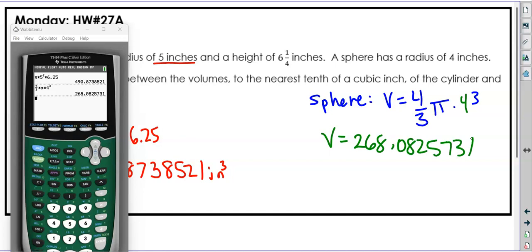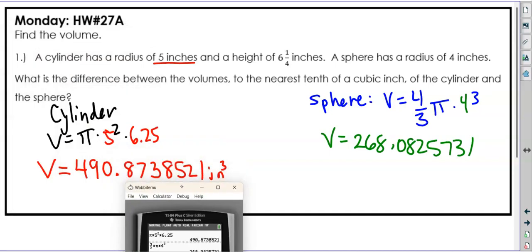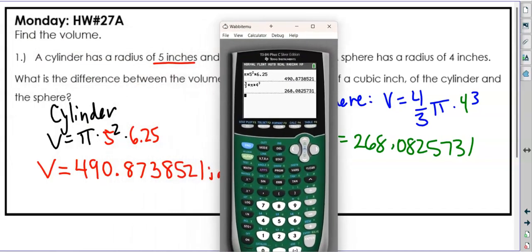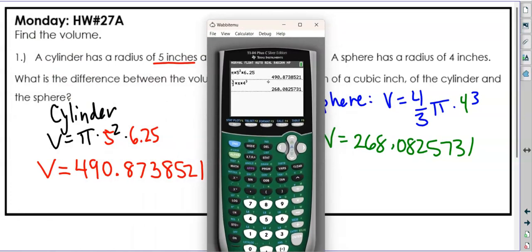268.082571. Now I'm going to subtract these numbers, so I'll put the subtraction in the middle here. I see it up here, but I also see it on my paper. 490.87385521 minus 268.082571.